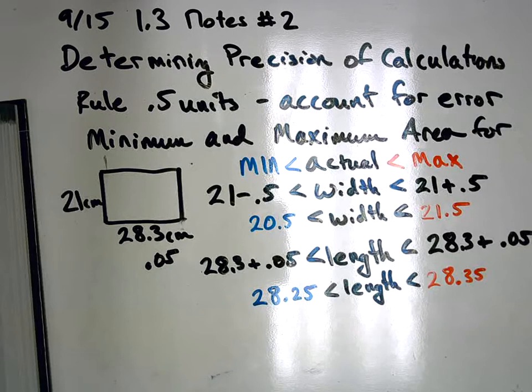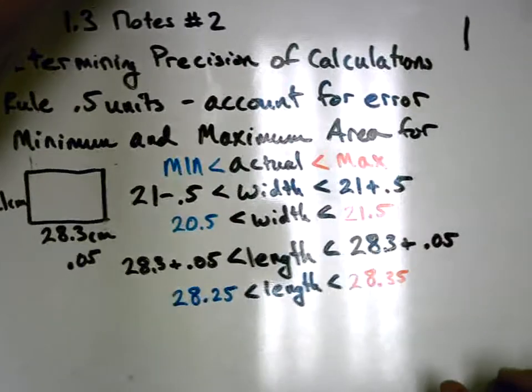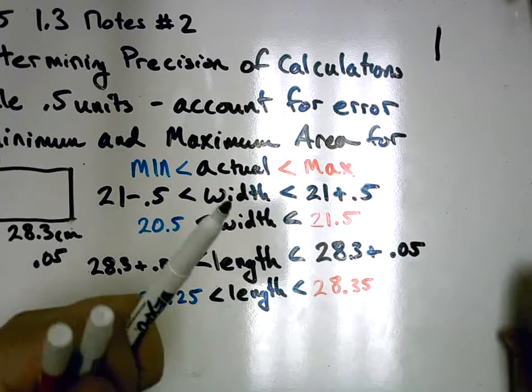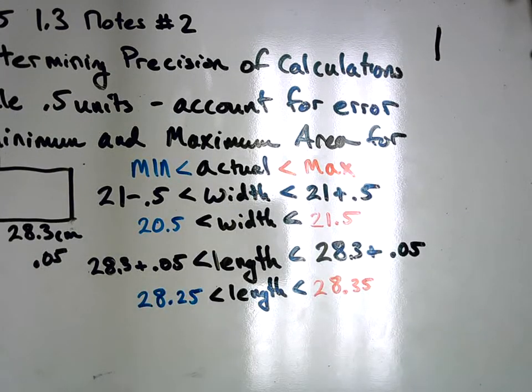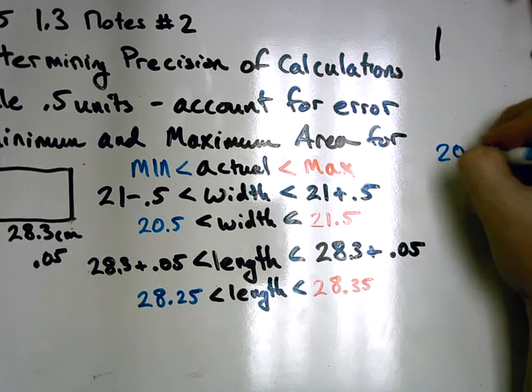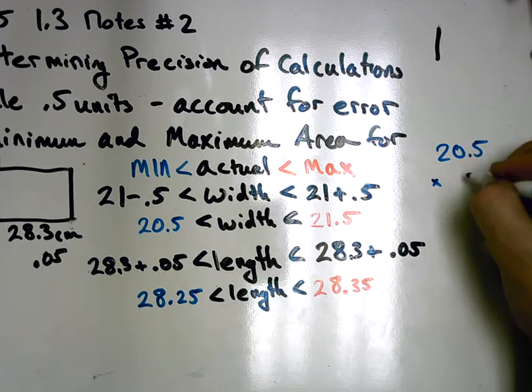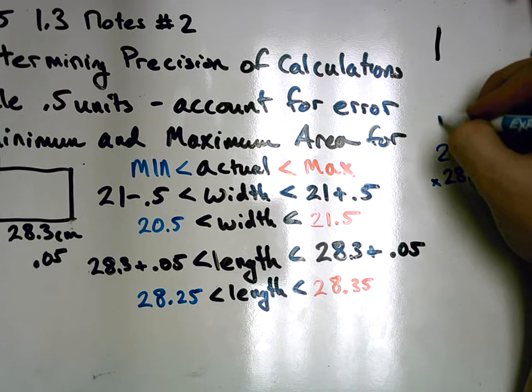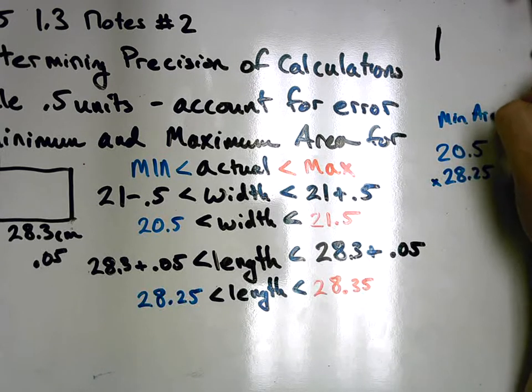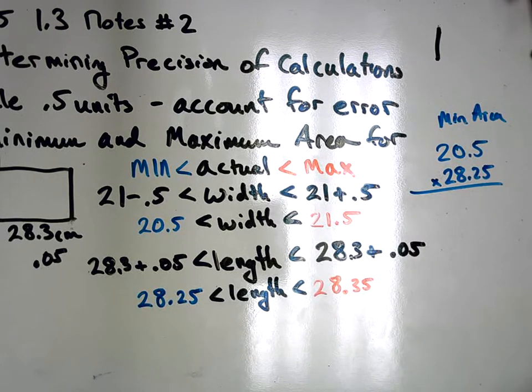So the idea here is, I'm going to scoot this a little bit so you might miss something for a second. 20.5 times 28.25. This is the minimum area, whatever that number is. All right.